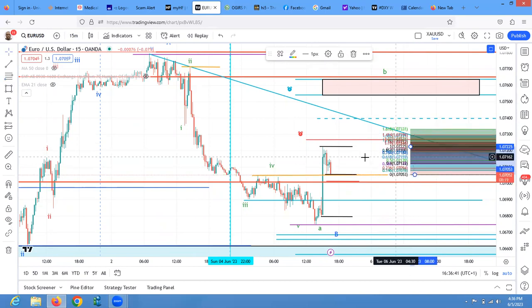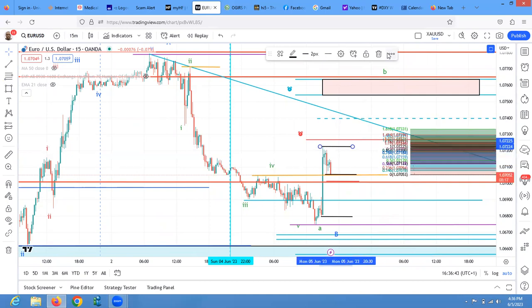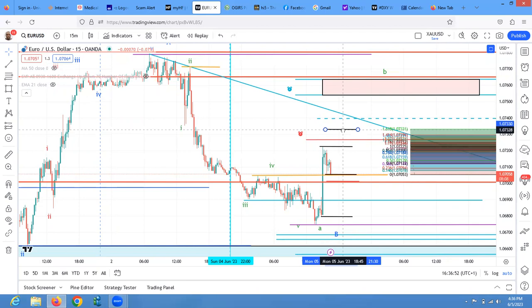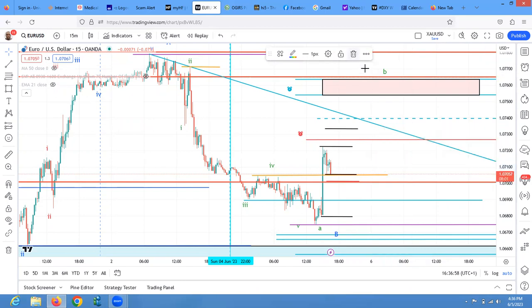The price is there. Then we are trying to say that this may not go beyond a 61.8 here to finish this wave as a possible wave A of that B green.